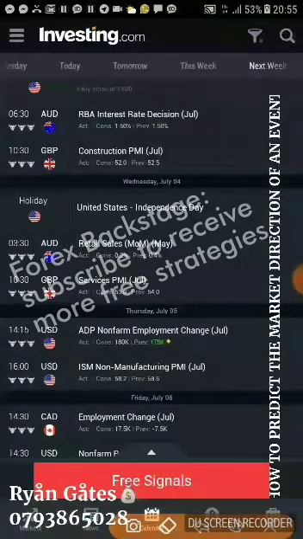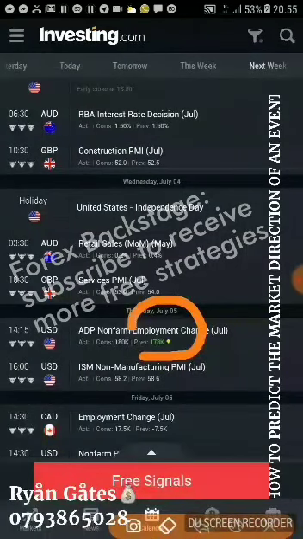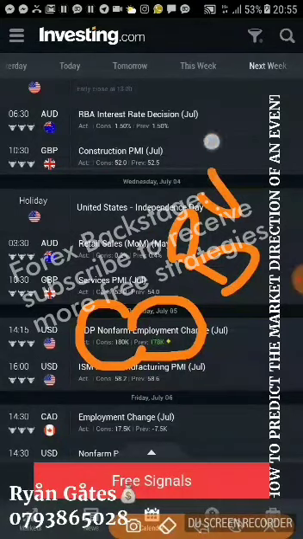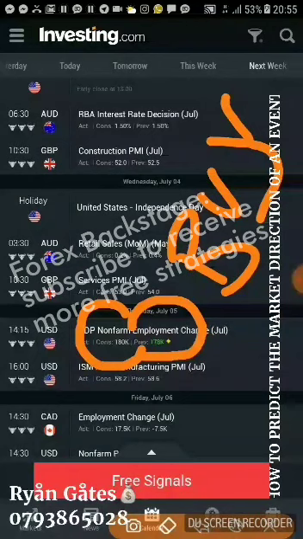We have this event right here. ADP previous is 178k and cons is 180. So this one is going to be a buy. So if the previous is less than cons, then it's a buy. If the previous is bigger than cons, then it's going to be a pure sell.